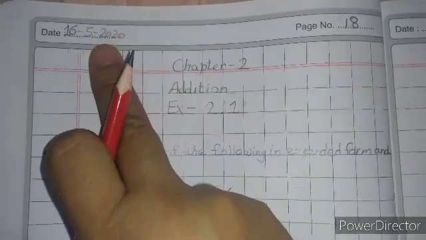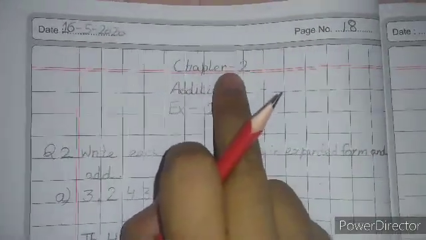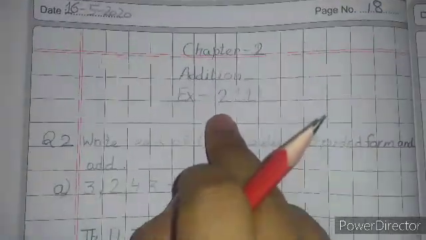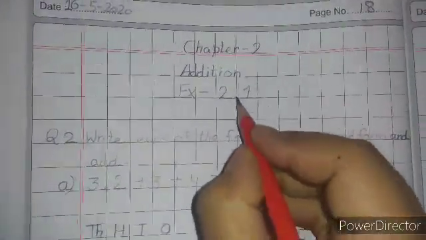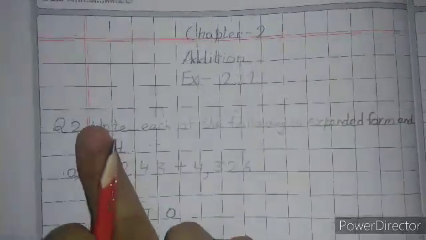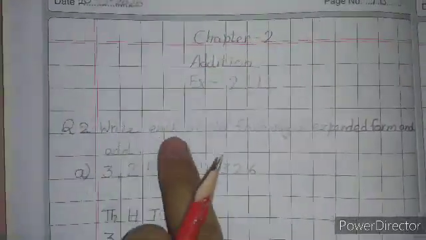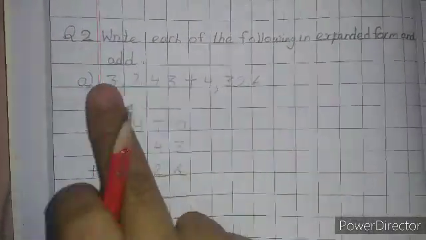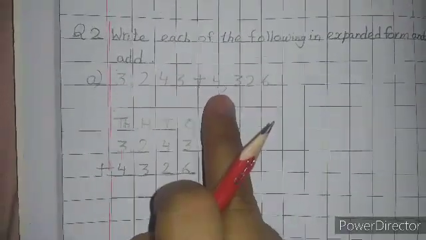Students, first you have to write down the date, chapter name, addition and exercise 2.1. Question number 2, after leaving one line, full question you have to write. After that, write the A part.